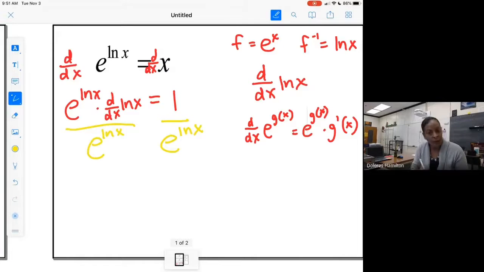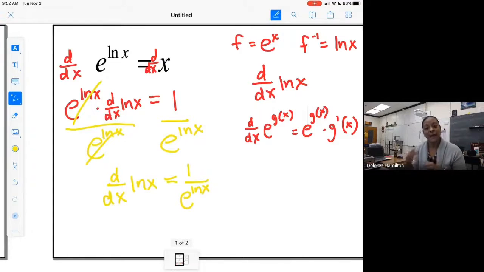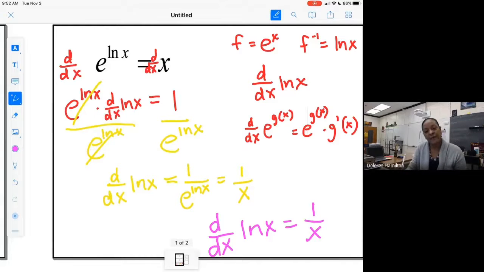Let's divide both sides by e to the ln of x. And that allows us to get the derivative of ln of x by itself, so that's isolated. And we notice that it equals 1 over e to the ln of x, which would be our answer, but let's clean it up. And so there we have it. The derivative of ln of x is 1 over x.